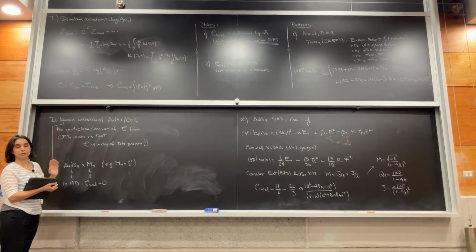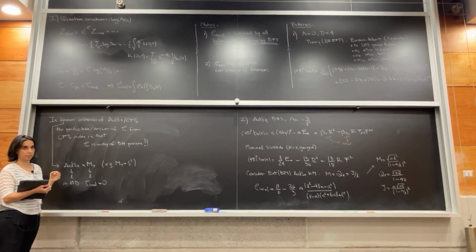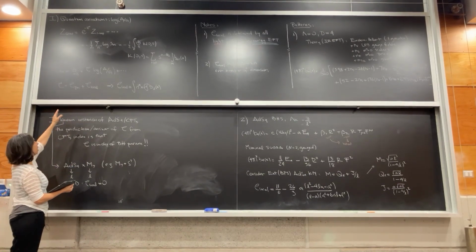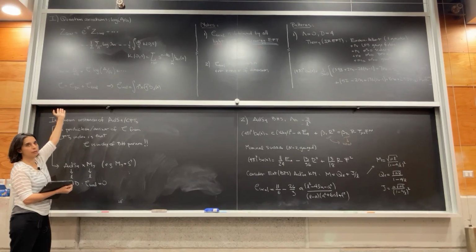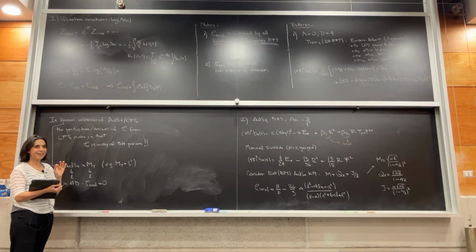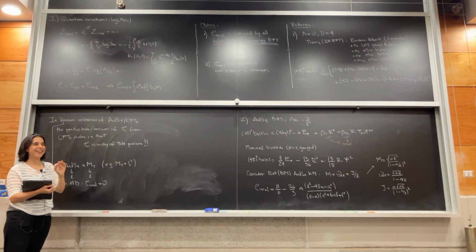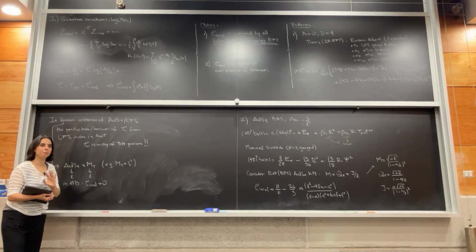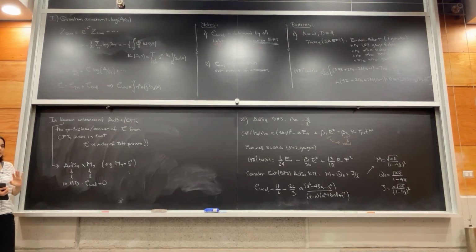I'm not telling you that the entropy is independent of the black hole parameters. I'm just telling you that one correction, one part of it, is. The area still depends on the black hole parameters. I'm just highlighting that the coefficient that multiplies the log is now independent of the black hole parameters. That's all.